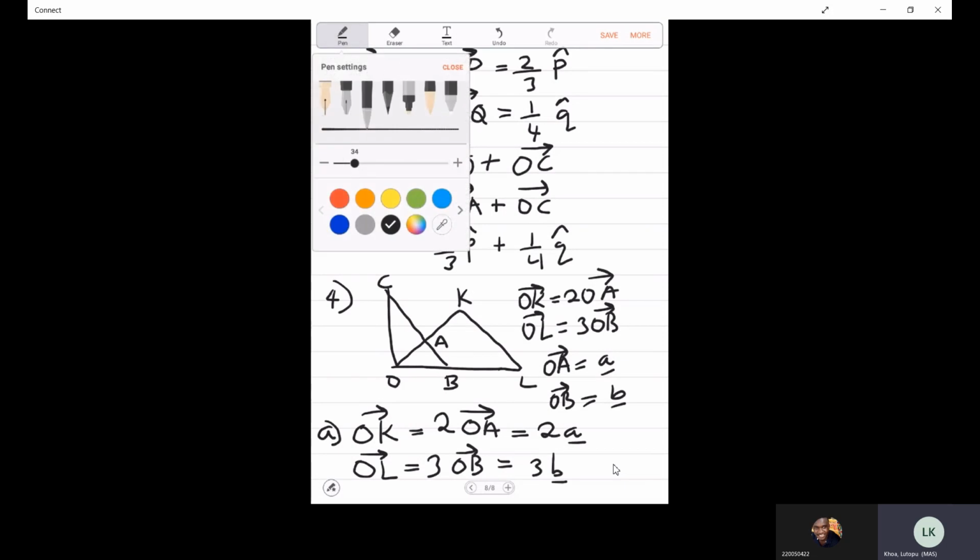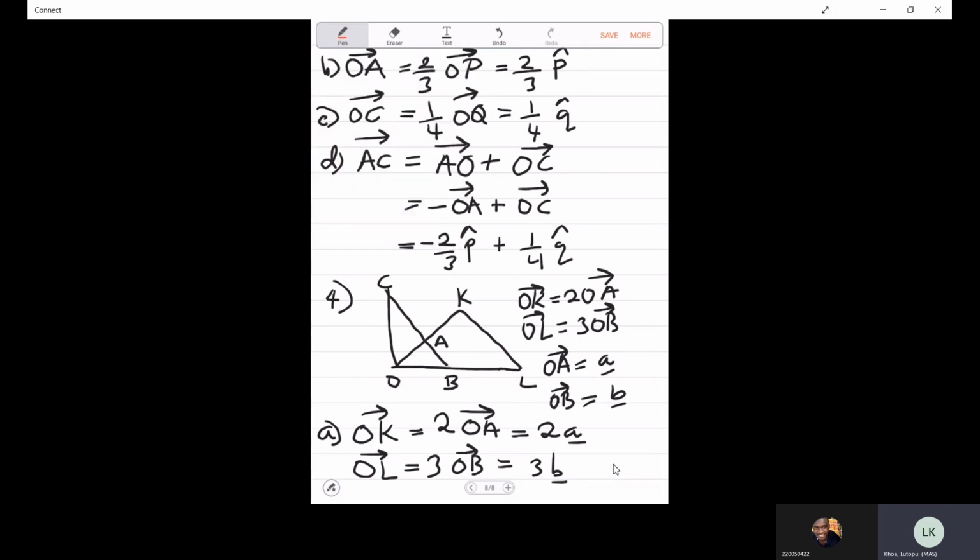Okay, so let me just use a pen. So this little vector here is A, and that little one over here is B. Okay, then the next question.